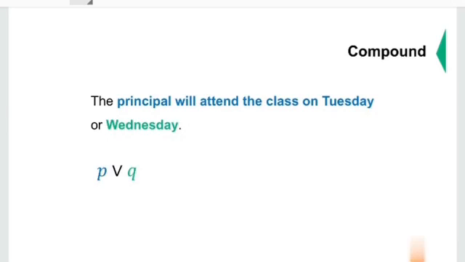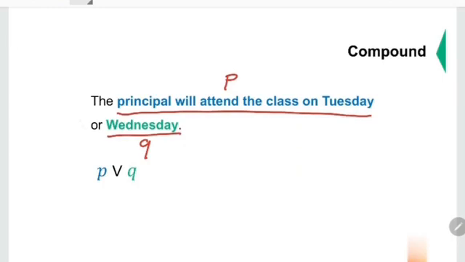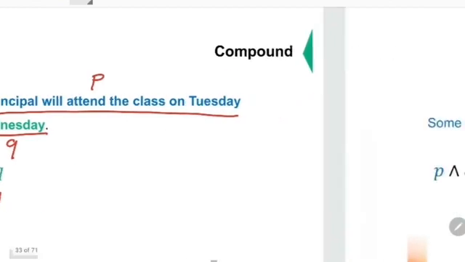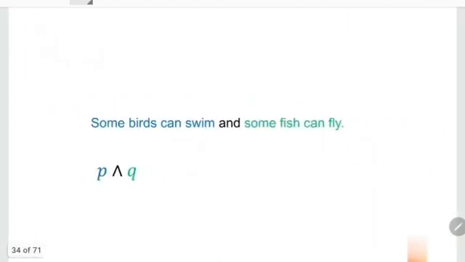Okay, so for example, we have this compound statement. The principal will attend the class on Tuesday or Wednesday. So if we assign this as P and this one as Q, ang connective natin ay or. So, it's a disjunction statement actually. So, paano mo siya gagawing symbolic? Like this. Some birds can swim and some fish can fly. And.